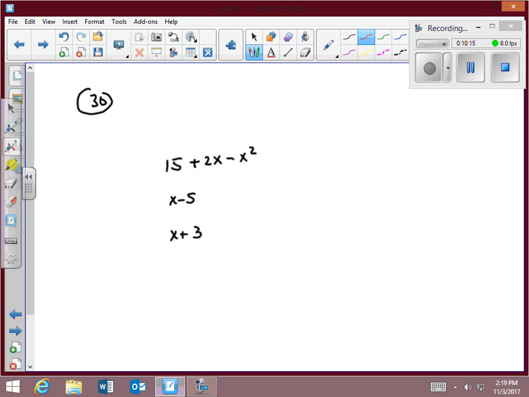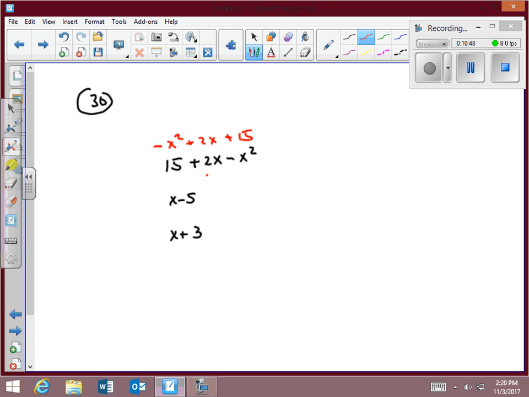Well, this first one is not in descending order, and it would not have the leading term positive the way it is, right? If I wrote it in descending order, you have a minus x squared plus 2x plus 15. But now your leading term is not positive. And you always do the leading term positive. Does that make sense?